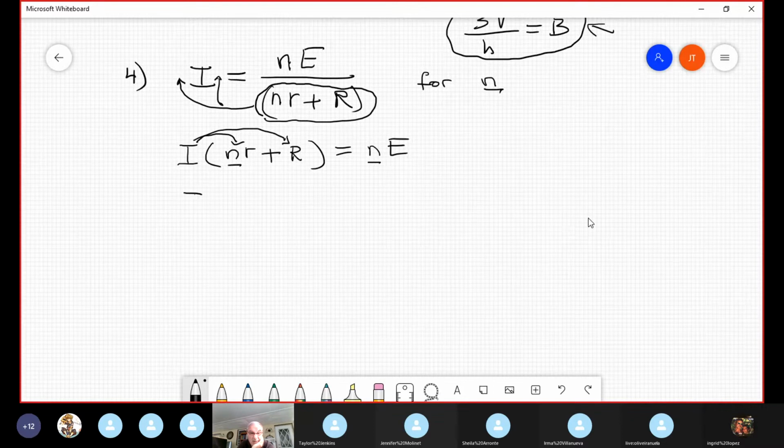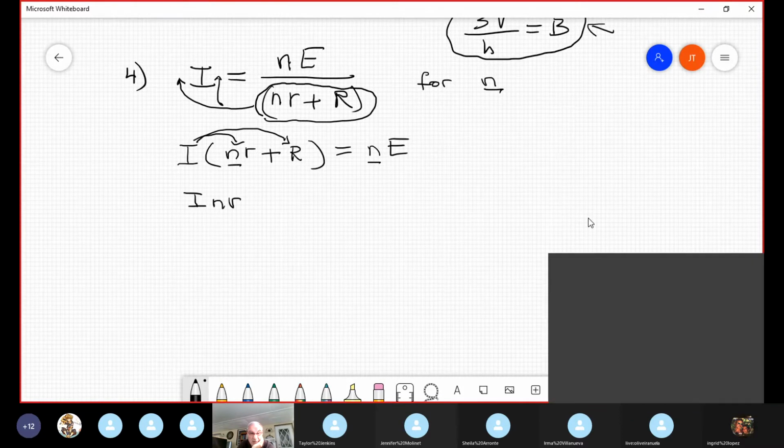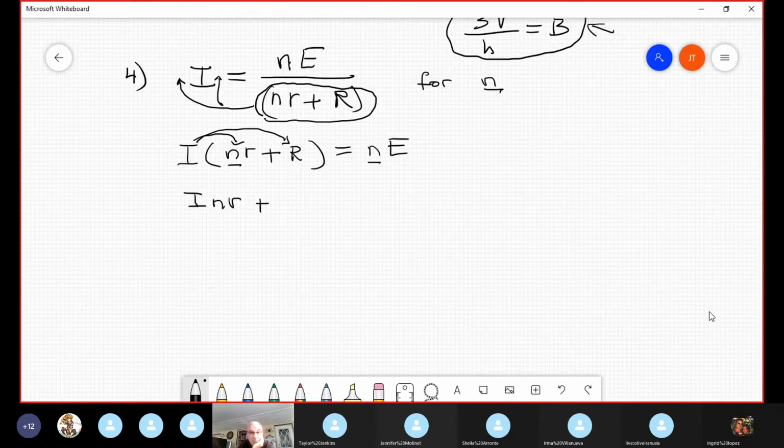Entonces, I N R plus I R equals N times capital E. Entonces now my goal is to do something in order to express M on the same side. Entonces IR stays here. I just bring down NE minus, I move this to the other side, INR.